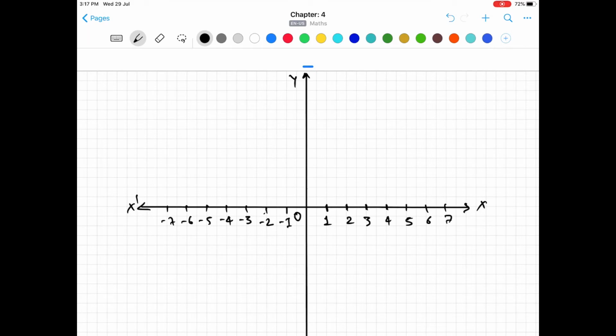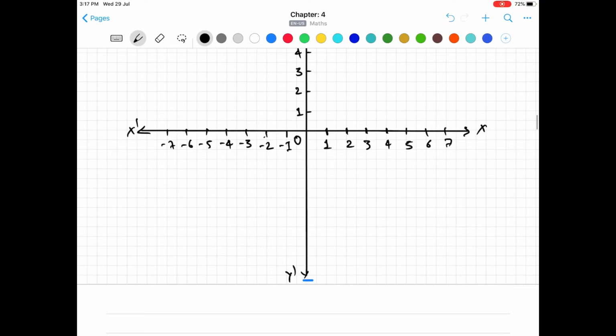Similarly for the y-axis, on the upper side we have 1, 2, 3, 4, 5 and 6. Similarly the downward side has negative values of y. We have -1, -2, -3, -4, -5 and -6.